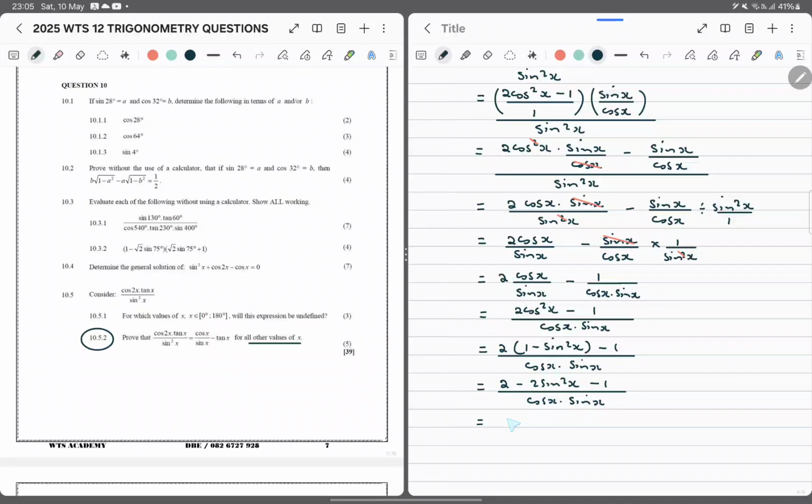I feel like something is going to give. 2 minus 1, we've got 1. 2 minus 1 is 1. Minus 2 sine squared x all over cos x sine x.